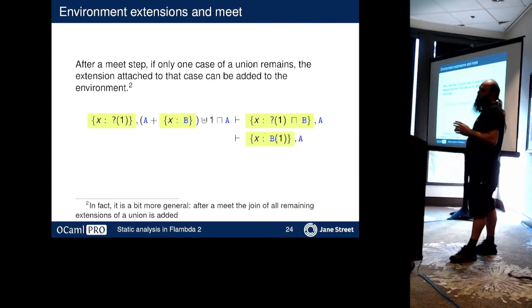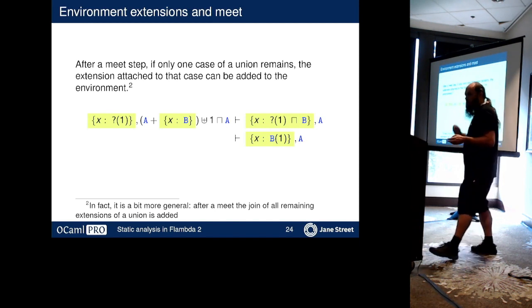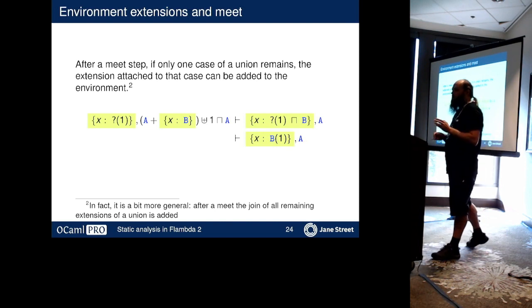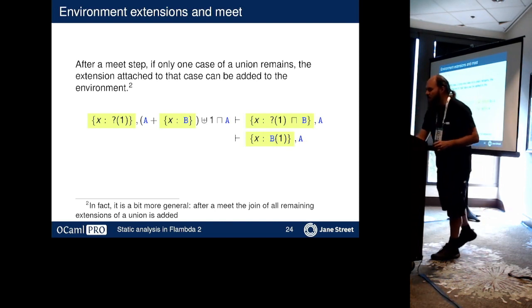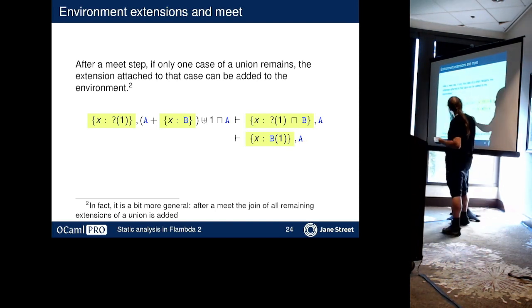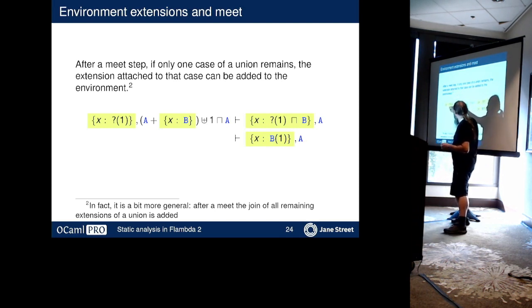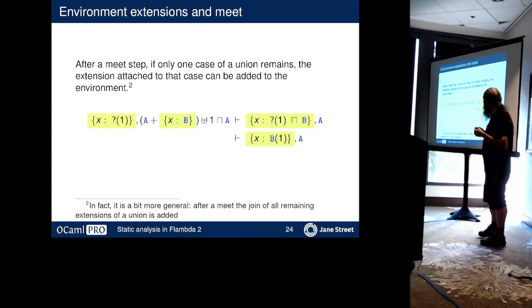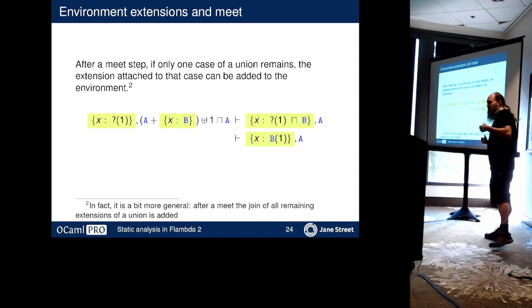So that's the example I mentioned, where we discover that when we do that meet, we remove part of the type, and when we remove part of the type, we have the right to propagate the extension there and rediscover that it is more precise.